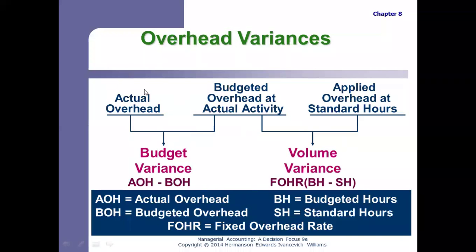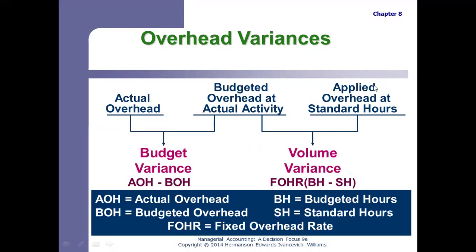But in overhead variances, your actual overhead is your leftmost column. The middle column is your flexible budget. It's the budgeted overhead at the actual activity. And the rightmost column is your static budget, the overhead at your standard hours.